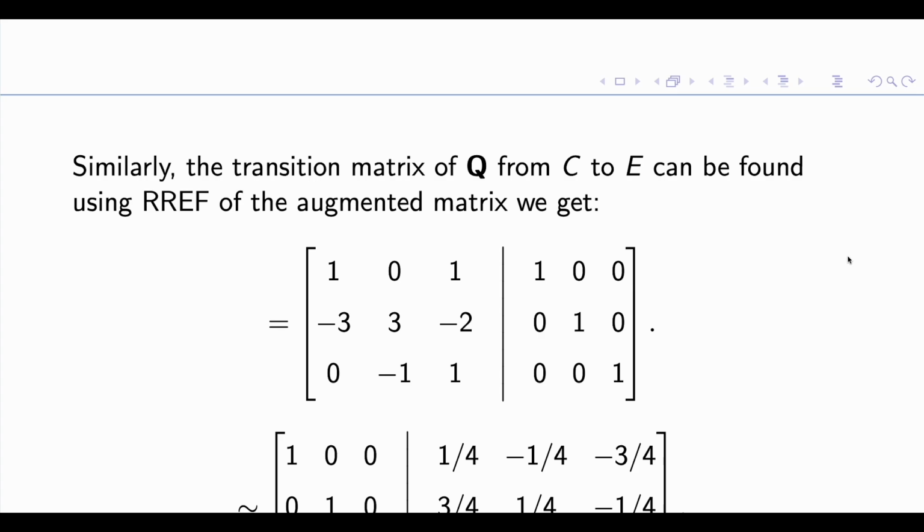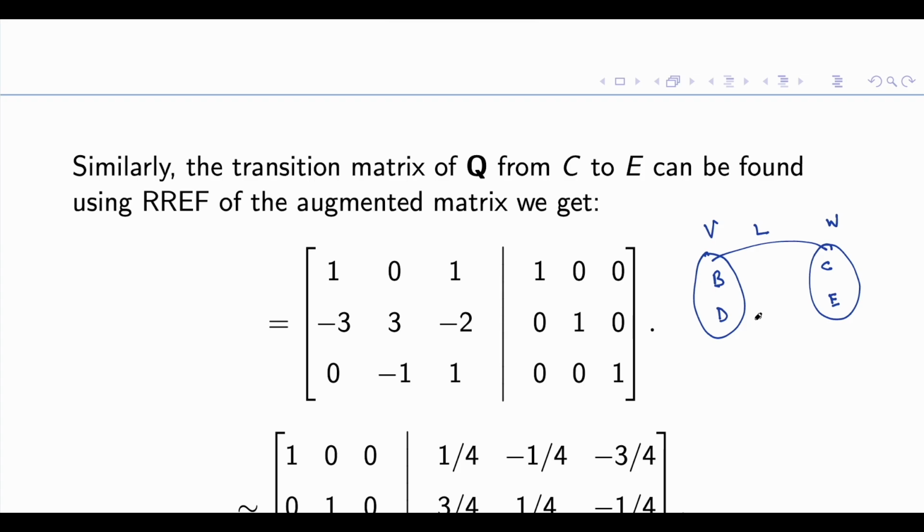So Q from C to E means, if you see the picture, you have this V and this W, and L is a linear transformation. B and C are the standard bases. D and E are the given bases.